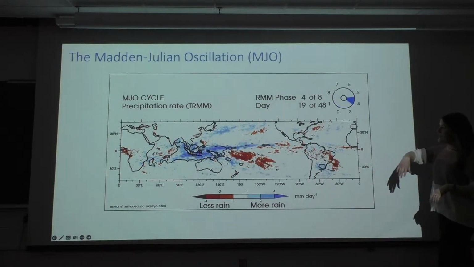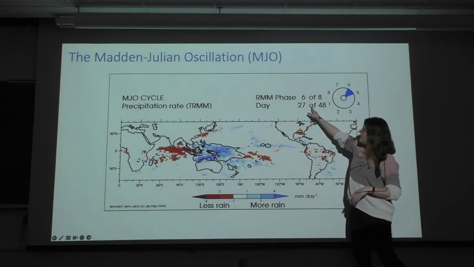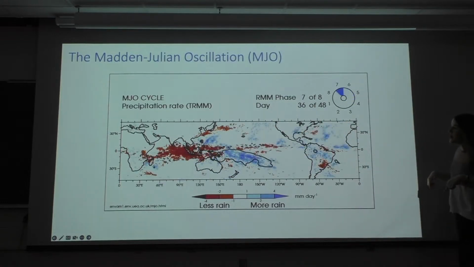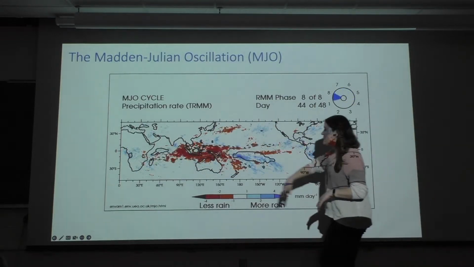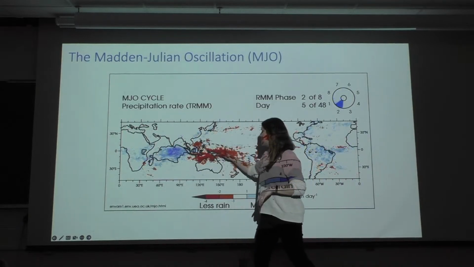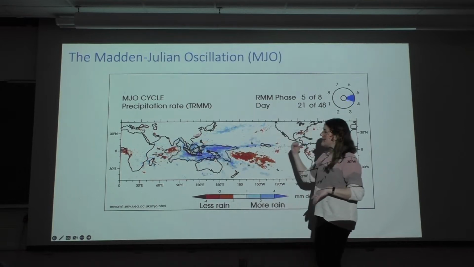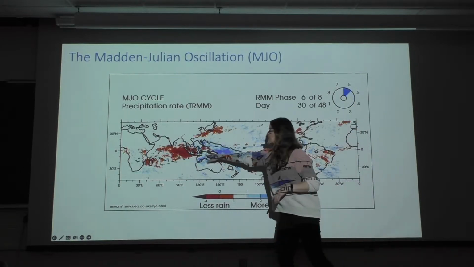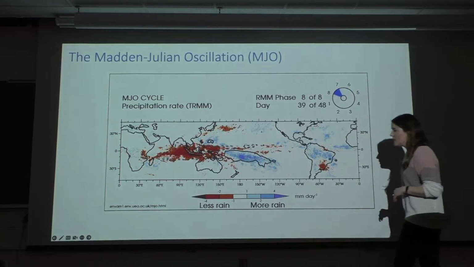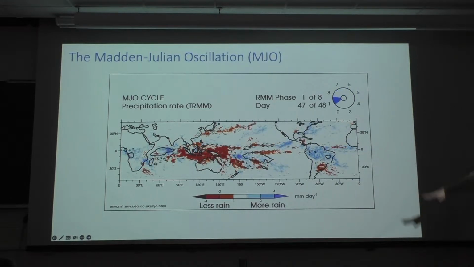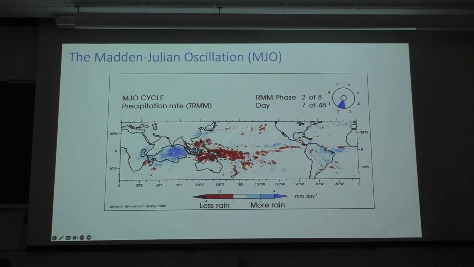During an MJO event, going forward in days, MJO convection initiates near the Indian Ocean, preceded by suppressed convection. Then that convection propagates eastward over the Maritime Continent and into the Pacific, where it becomes decoupled from convection, and that's preceded and followed by suppressed convection.